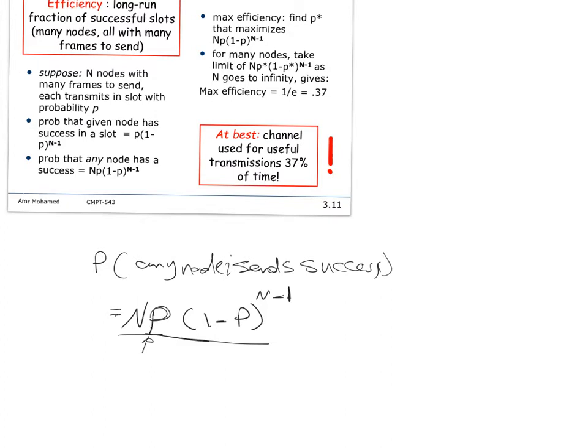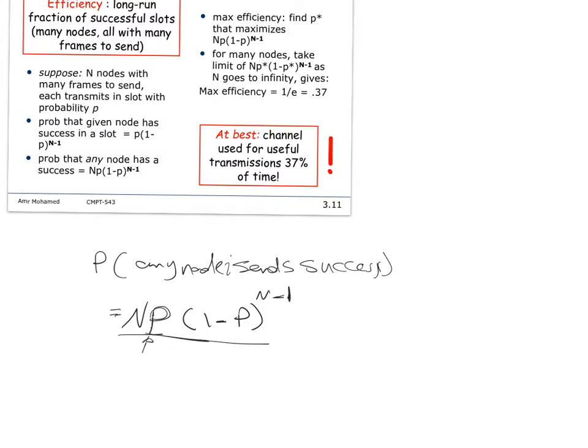Wrong, because it's 1 minus P. If the probability is 1, then 1 minus 1 is 0. And if P is 0, then this is also 0. So neither 0 nor 1 will give me the maximum for sure. So it should be somewhere in between. How would we know this?